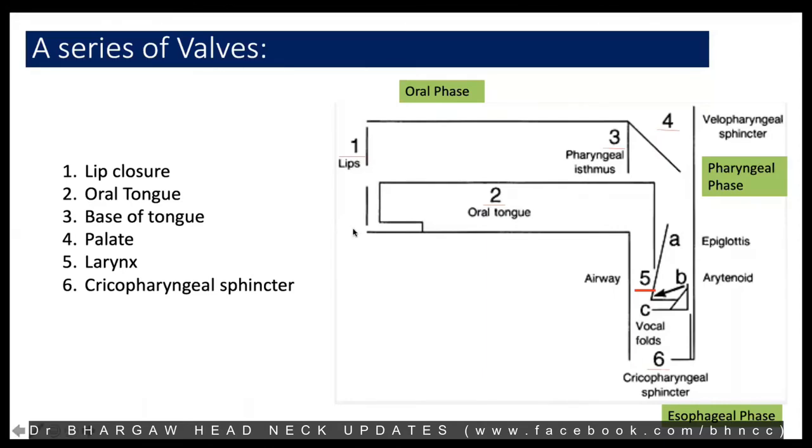If there is a dysfunction in any of these valves, or there is incoordination between any of these valves, there could be some form of dysphagia. So remember that the whole aerodigestive tract is composed of 6 gates, and these gates need to open and close in coordination with perfect timing, so that the food gets safely transferred down to the stomach.